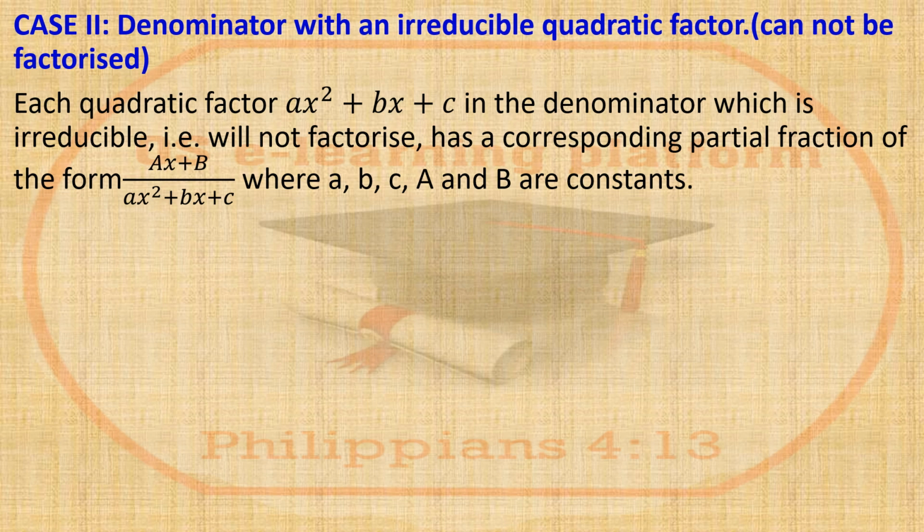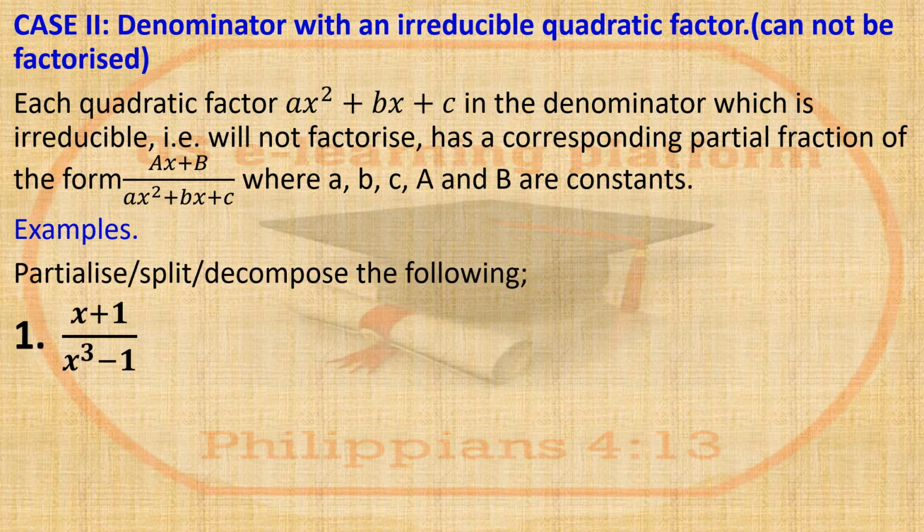For that case, the corresponding partial fraction is in the form Ax plus B over ax squared plus bx plus c. So carry the quadratic expression as the denominator, and the numerator will take the form Ax plus B, where a, b, c are small and capital A and capital B are constants. Let's look at one example.